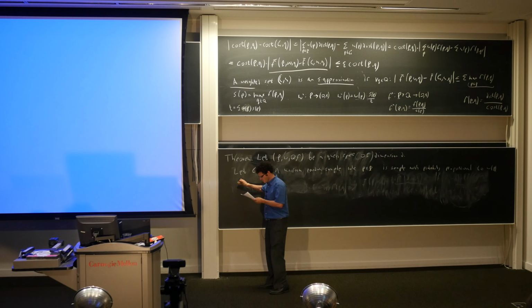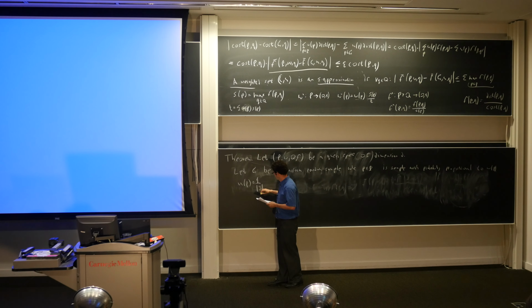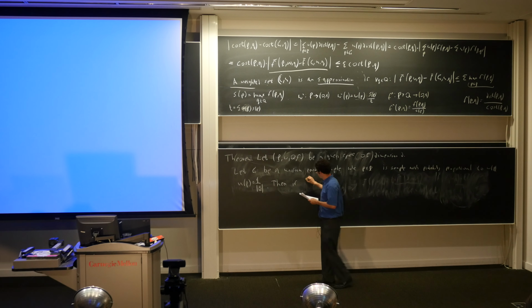And we define a new weight. Every point in the coreset will have the same weight, 1 over the size of the coreset. Then the question is how many points we want to get an epsilon approximation.